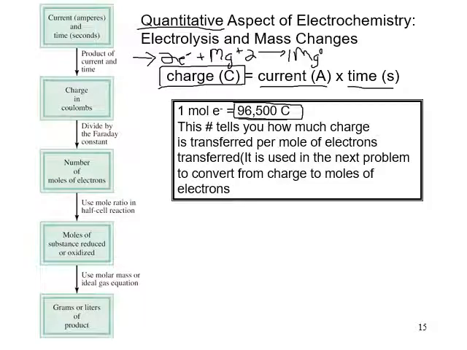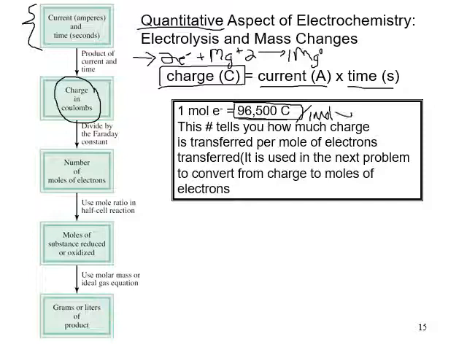Your book gives this really good little flow chart that guides you on how to do something like this. If you run a cell for so much time with a certain amount of current, if you multiply those, that tells you the charge. Then you can divide by the Faraday constant, because the Faraday constant is 96,500 coulombs per 1 mole of electrons.